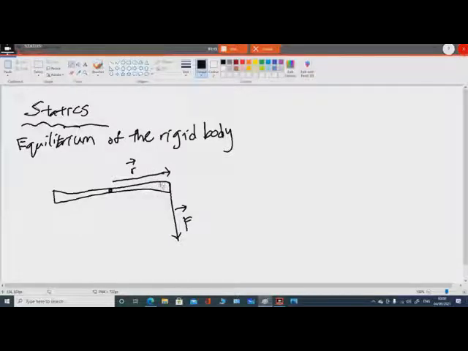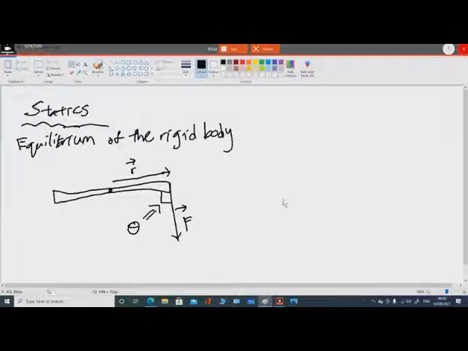So we can directly conclude that the angle between R and F is 90 degrees, which is located here. So this is our theta.